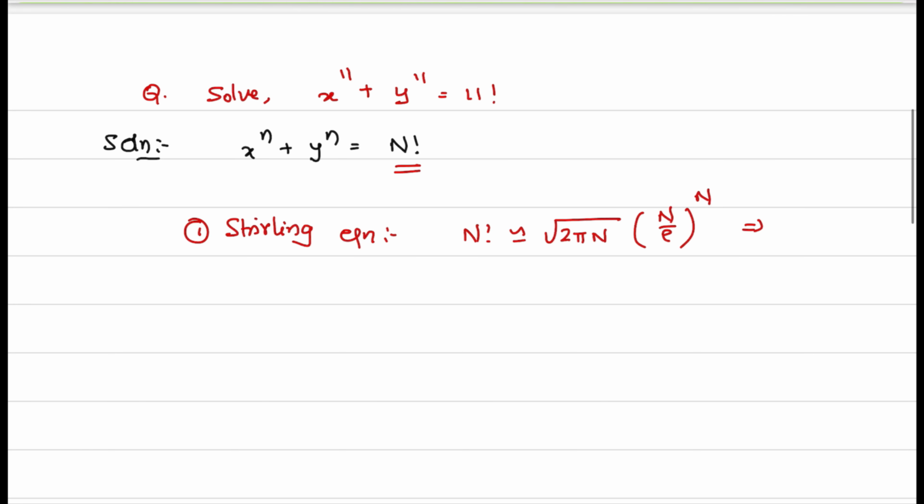Here, what is the n value? n is equal to 11. That means factorial 11 can be approximated to square root of 2 pi into 11 into 11 by e to the power of 11.